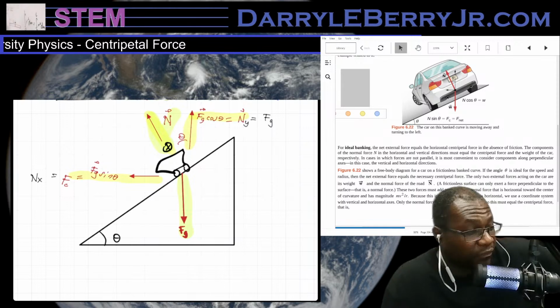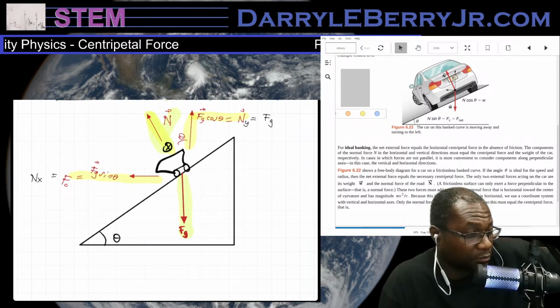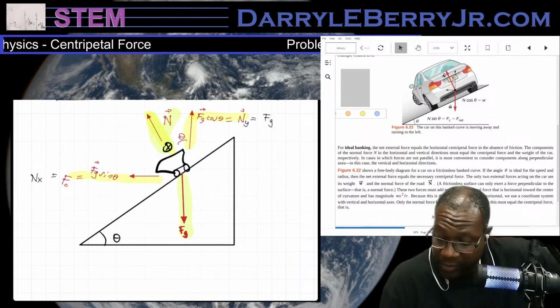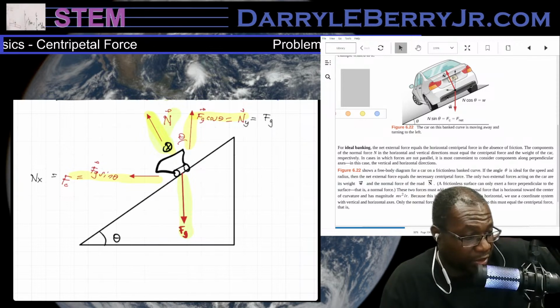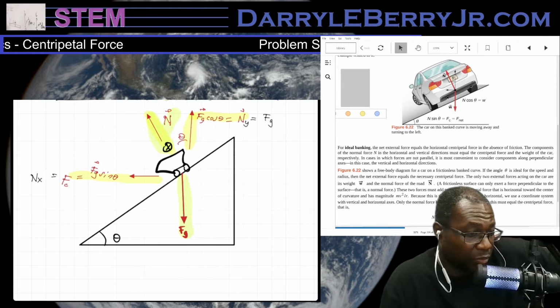Those are the two external forces. A frictionless surface can only exert a force perpendicular to the surface, that is, a normal force. There's no friction because it's perfectly frictionless.